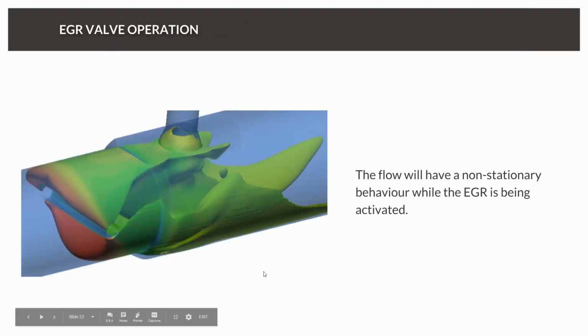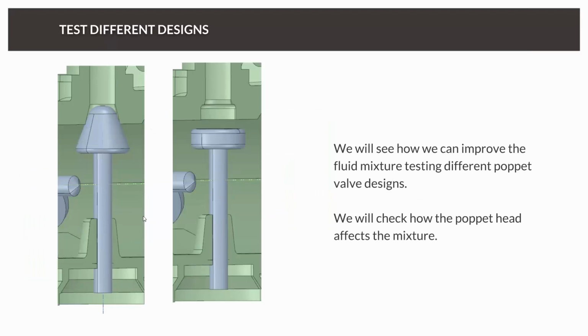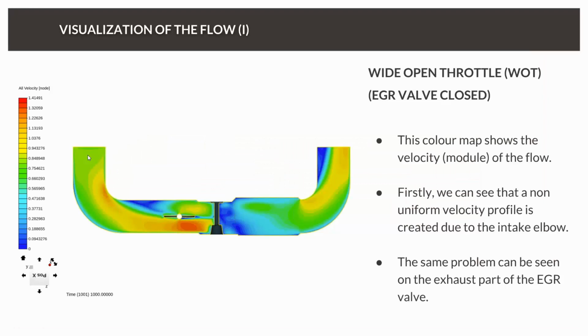Here we can see the results of a simulation where we try to simulate the non-stationary behavior while the EGR is being activated, so while this poppet is moving. We will now test how we can influence that by testing different poppet head designs. So it's the initial design, and we have this new design here. Let's take a look at the results.